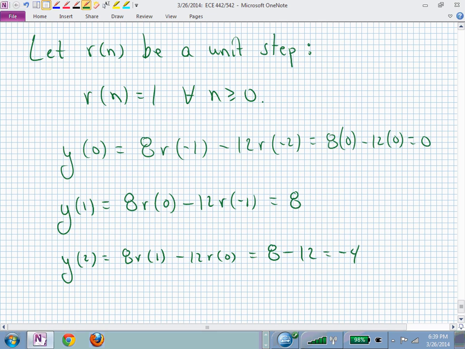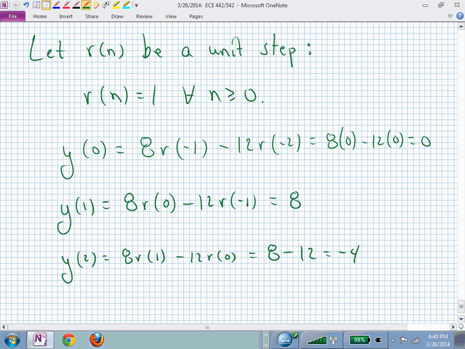So we started at 0. At 0 we hit this with 1, and we just keep pushing it with 1. And what happens to y? Initially nothing. Then it jumps up to 8. The next time step at 2, it jumps back to minus 4.